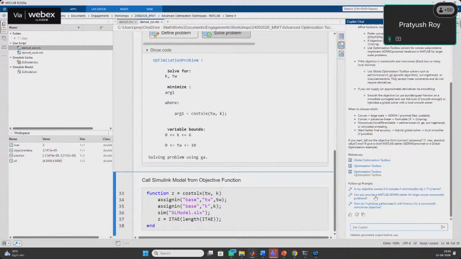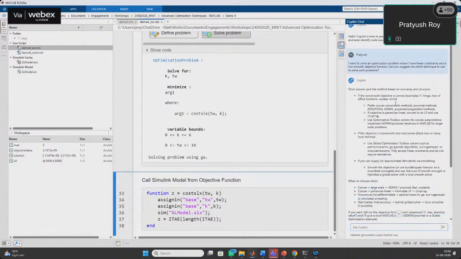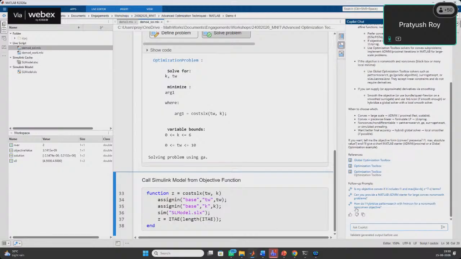Similarly, can you provide a MATLAB ADMM starter, let's say? It also gives you follow-up prompts, like what is a good question to ask next. So you can ask it, can you generate a simple script for pattern search?